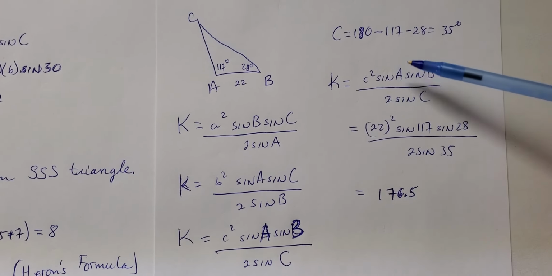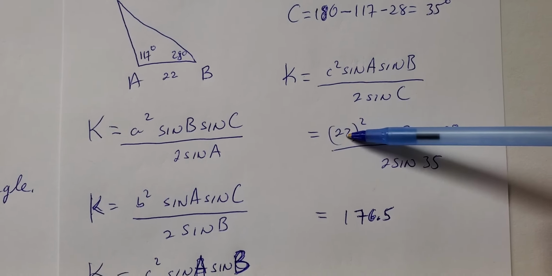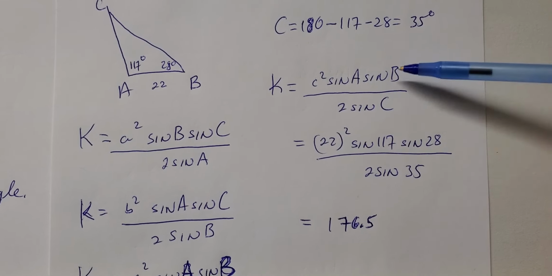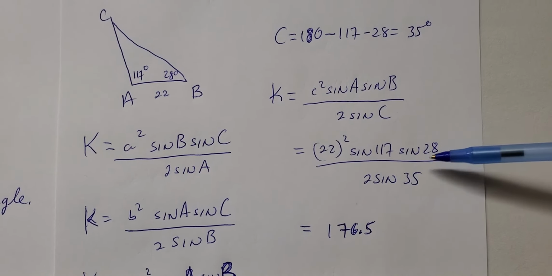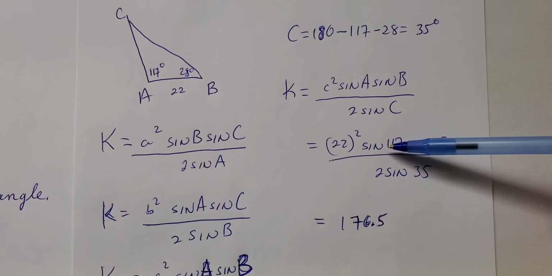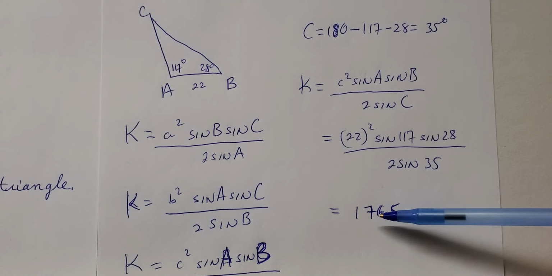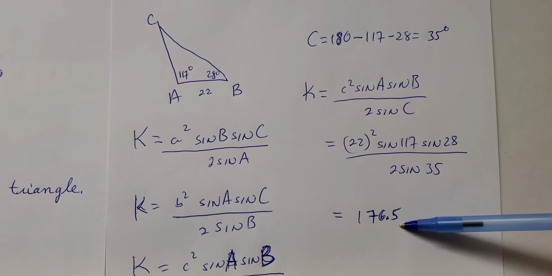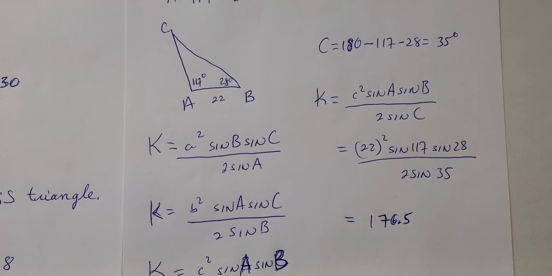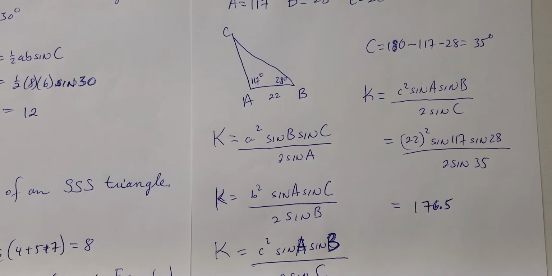Okay, we know all this information, so just plug them in. c is 22, A is 117, B is 28, C is 35. Okay, put all these in your calculator and be careful, make sure you round it. So 176.5.